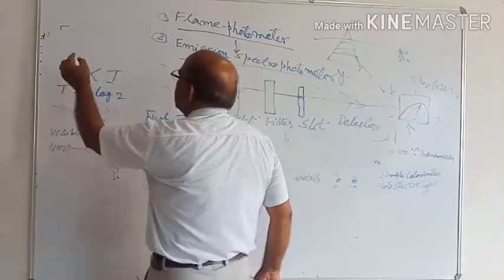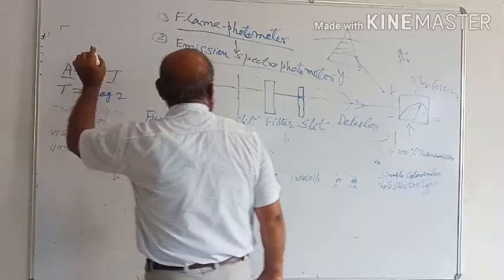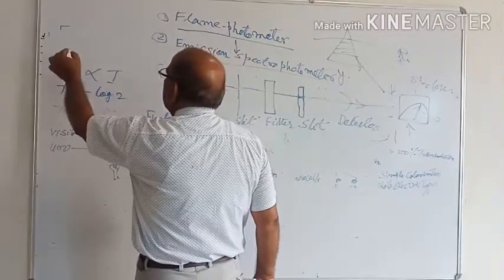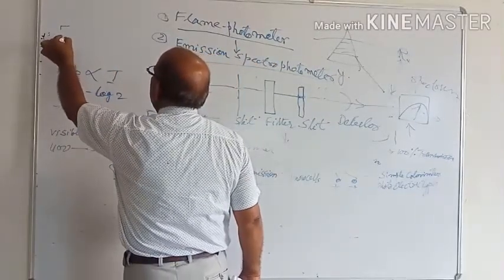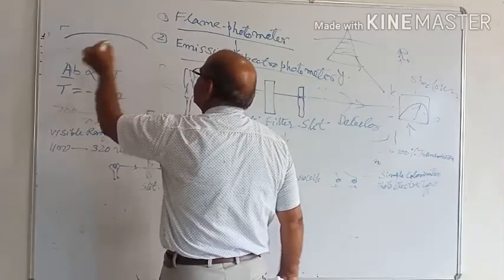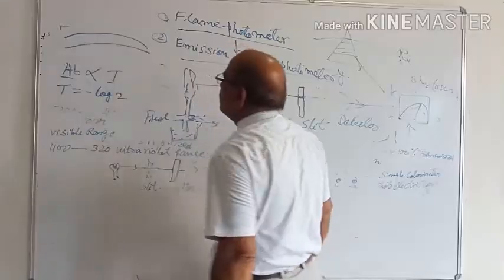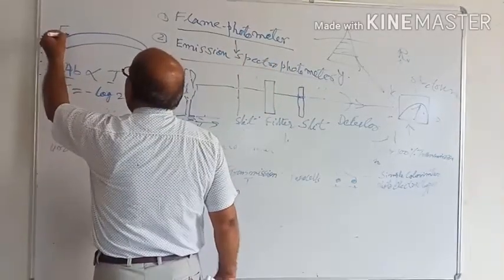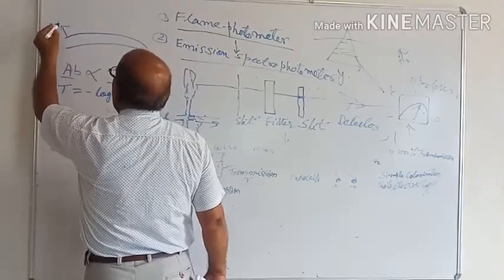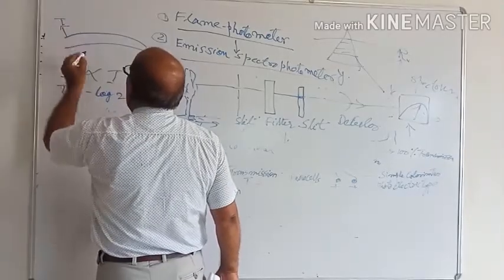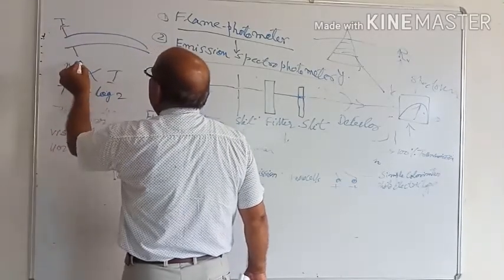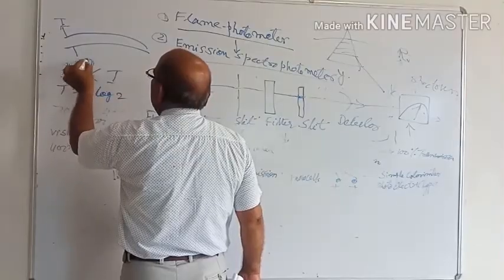Therefore, our detector assembly shows two types of scale. The upper scale indicates the transmission and the lower scale indicates the absorption, OD or optical density.